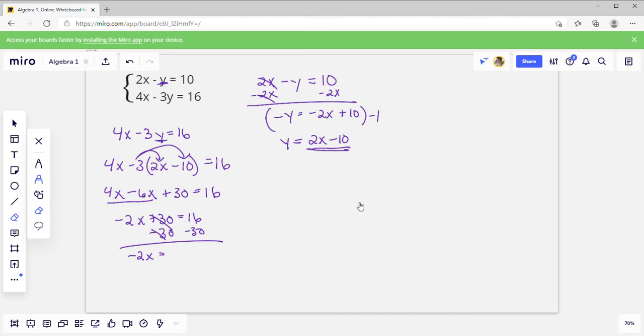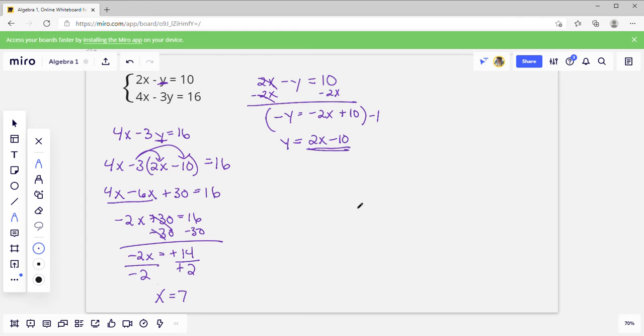I owe $30. I pay back 16 of it. I still owe 14. Then we're going to divide by negative 2. Remember, when we're dividing a negative by a negative, we can cancel those out. 14 divided by 2, x is going to equal 7.